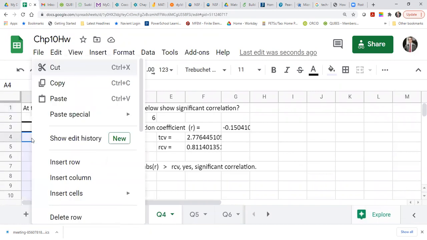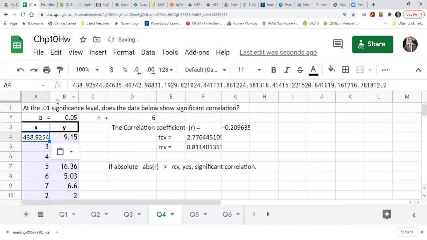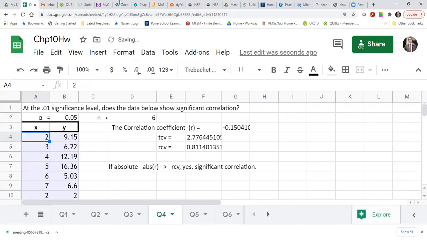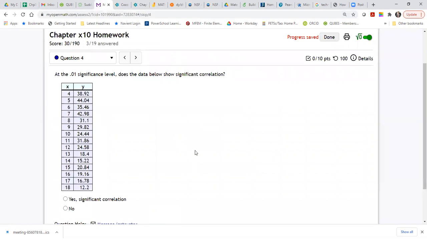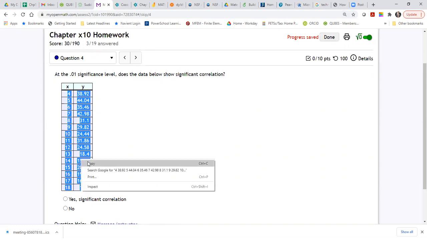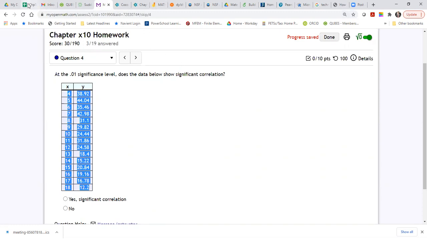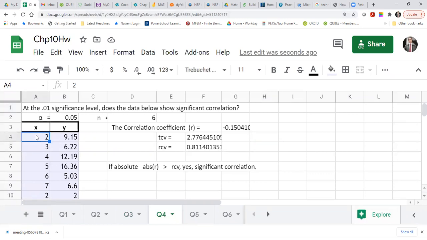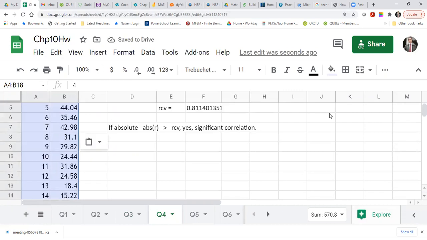Put it here and right click and paste. It's not working, so you need to try it again. Go back here, click outside, and then highlight it again. Now try to paste it again. It's working now.